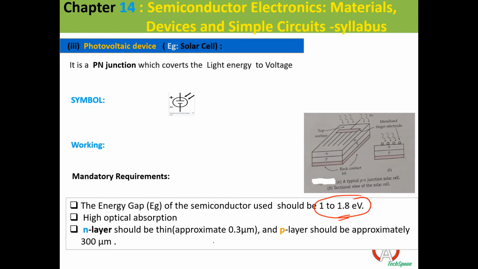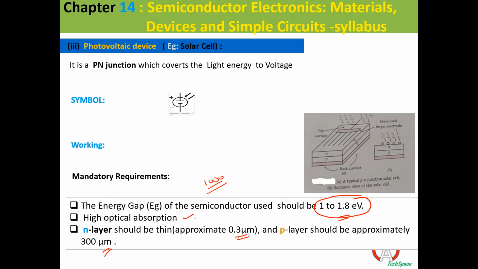The thickness of the n layer should be approximately 0.3 micrometer, and for the p layer it should be 300 micrometer. That means 1000 times. The thickness of the p layer should be 1000 times greater than the n layer thickness. So these are the two conditions.